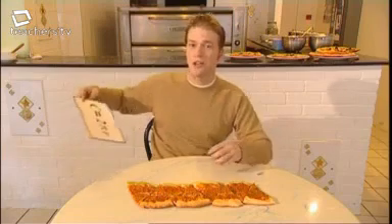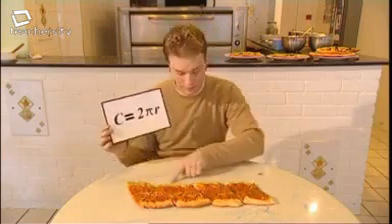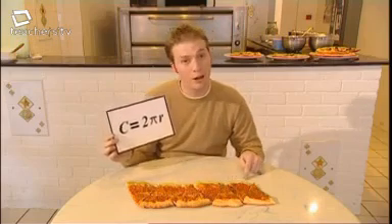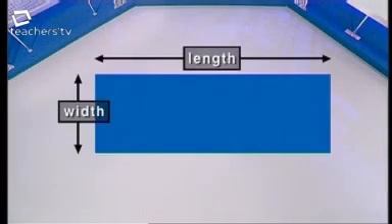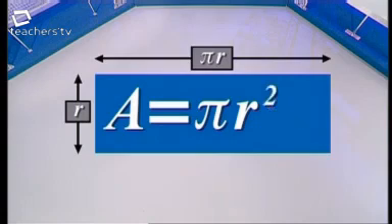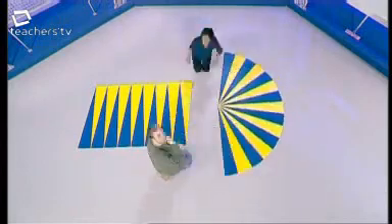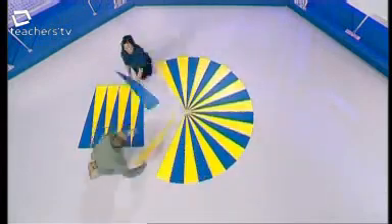You should know the circumference of a circle is 2 pi r, so the length is half of that, which is just pi r. That makes the length pi r and the width r, so the area of the rectangle is pi r multiplied by r, which is pi r squared. So the area of the circle we started with must be pi r squared as well.